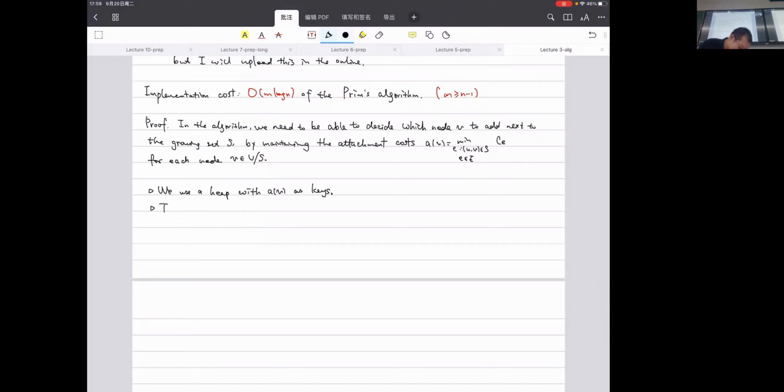There are at most n-1 iterations, because each time we add an edge the spanning tree gets larger, and it has at most n-1 edges. In these iterations we perform extract-min and a change-key, similar to the discussion of Dijkstra's algorithm, at most once for each edge.